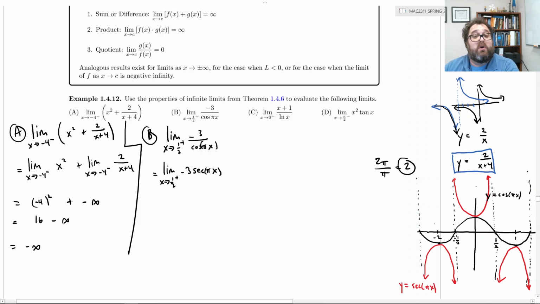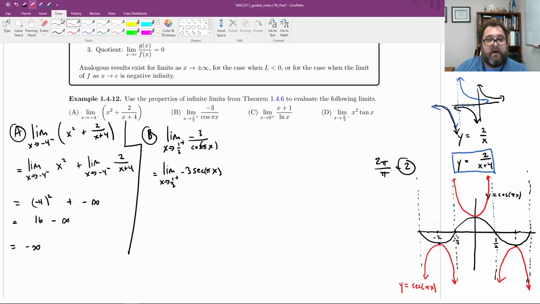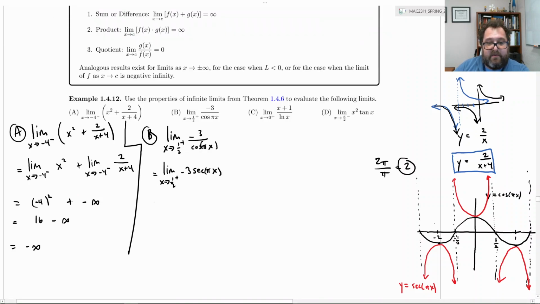So the black is cosine pi x. The red is secant pi x. Okay, so now we can use the property of infinite limits, because now we have -3. We can factor out the constant, times the limit as x approaches 1/2 from the right of secant pi x. And now that we know the graph, what's the limit as we approach 1/2 from the right?